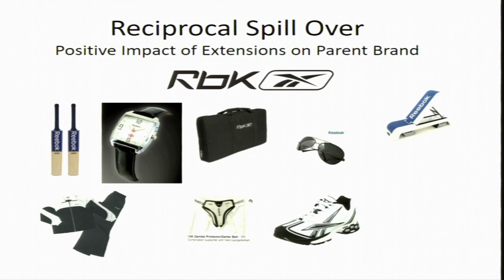No, because Reebok has extended itself into many other product categories. You can see some of them shown here in this slide. Reebok has sunglasses, Reebok has sports equipment, Reebok even has wrist watches, Reebok has bags, and so on and so forth.